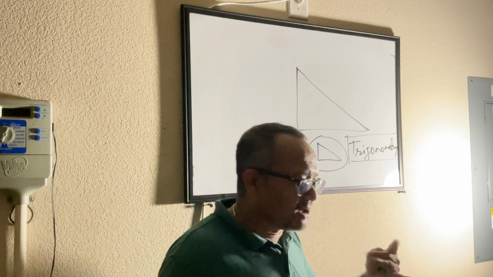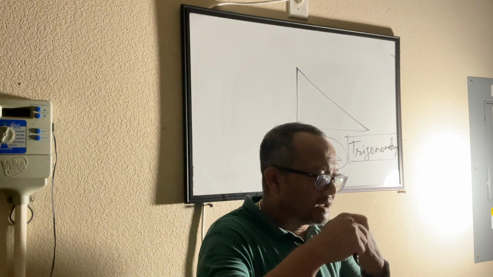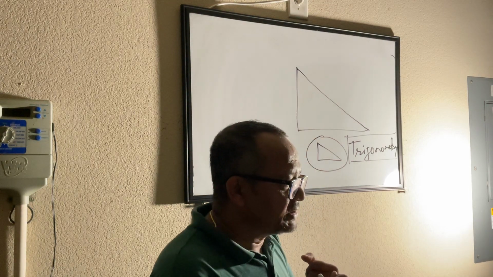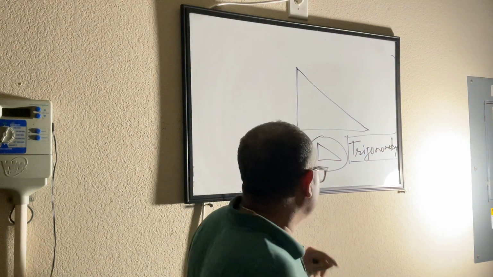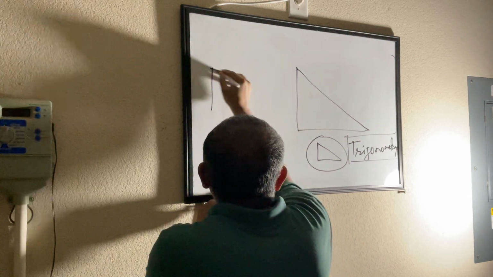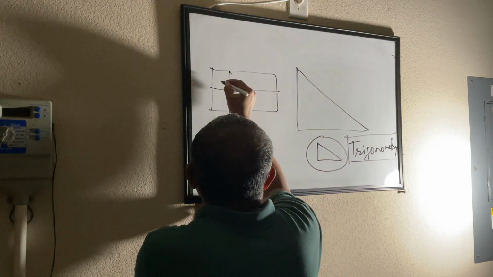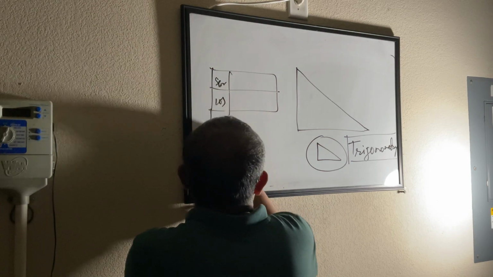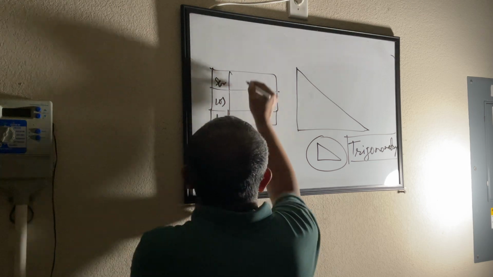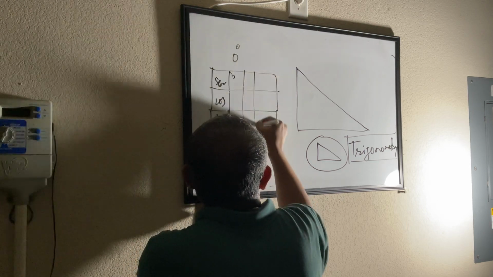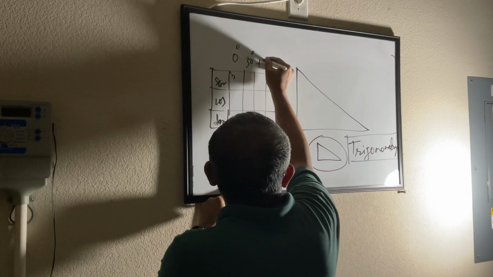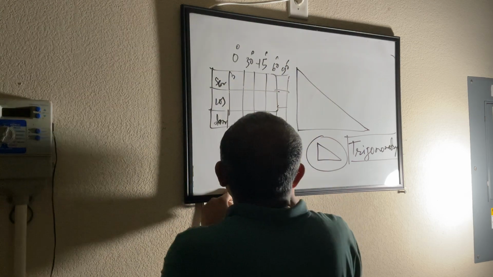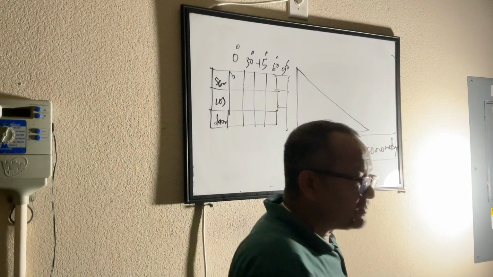And this is where we'll talk about the trigonometric ratios, sine, cos and tan, and we'll go into the details to figure out the value for certain angles. We'll try filling out this table: sine, cos, tan, for 0 degree, 30 degree, 45 degree, 60 degree and 90 degree. How are the values for these different angles derived?